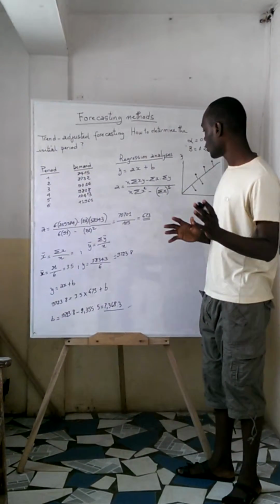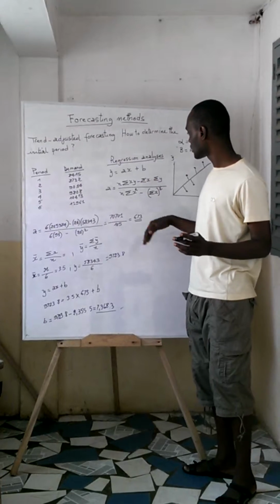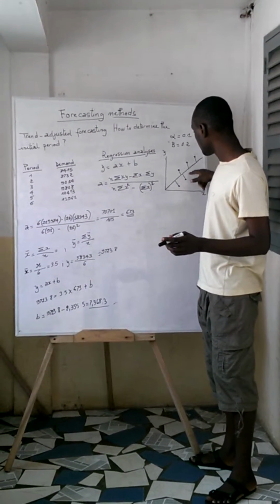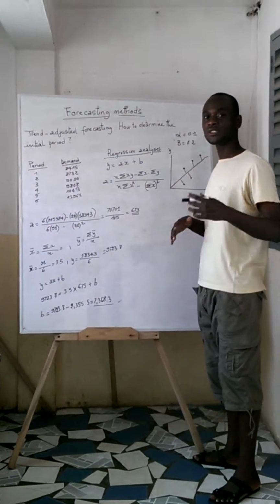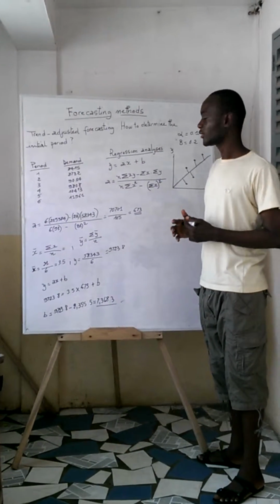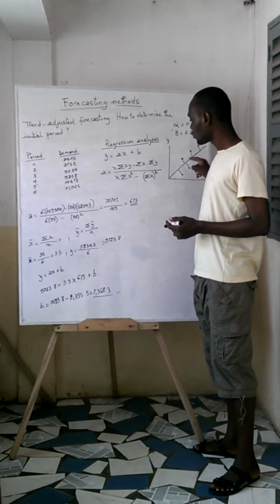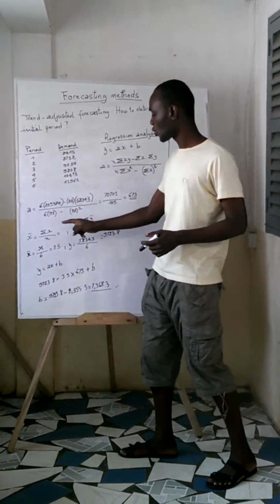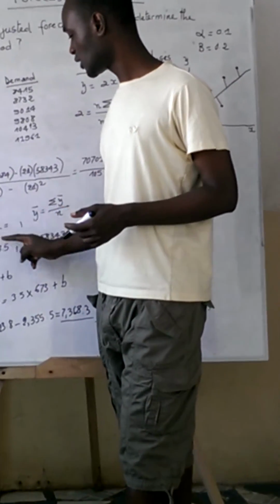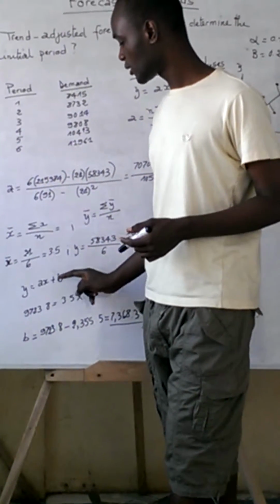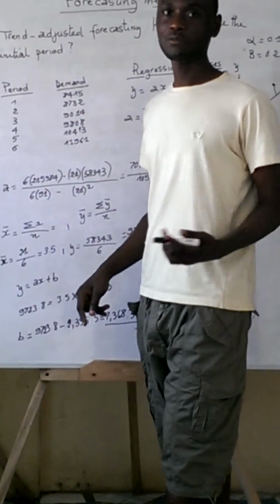Now, recall that when calculating the regression analysis, any of the points along the regression line represents any point. So in order to find what b is, we need to work out this formula, and this formula helps us determine what the value of b is going to be.